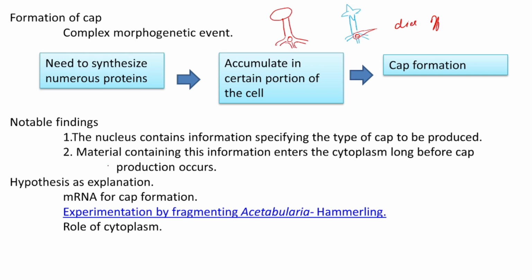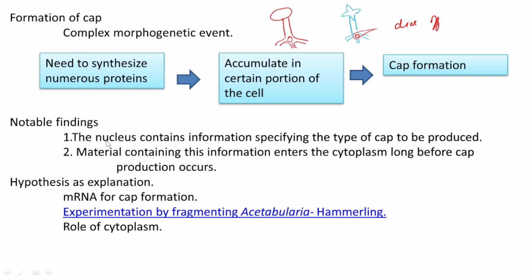And they arrived at two notable findings: that the nucleus contains information specifying the type of cap to be produced, and also that the material containing the information for the cap formation enters the cytoplasm long before the cap production. Those two things they found out.